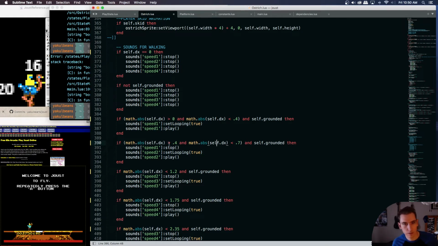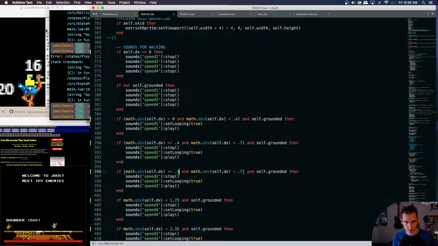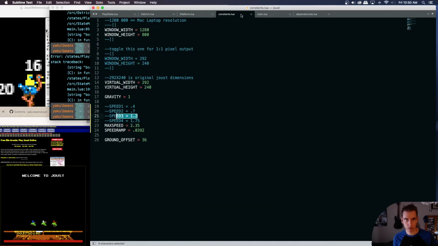Maybe I'll say greater than or equal to 0.4, because if it is exactly 0.4, no sounds would play, because this one would be false and the next one would be false. So we'll do that up to 0.7. Then greater than 0.7 but smaller than 1.2, that's speed 3.